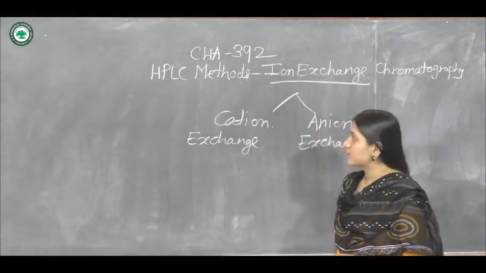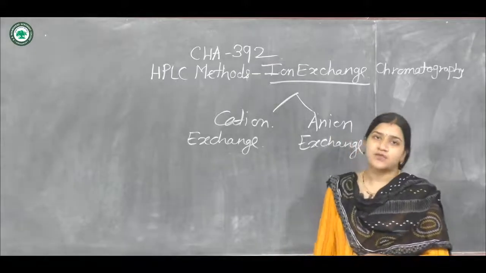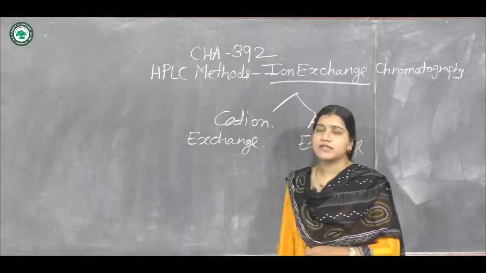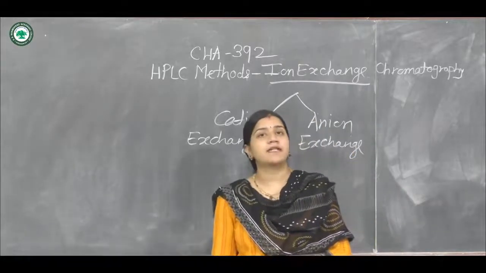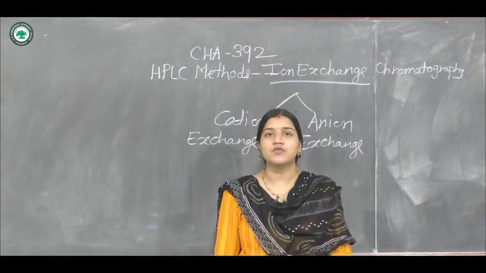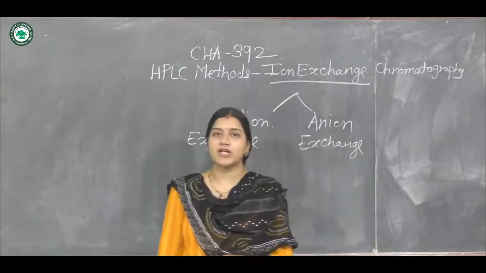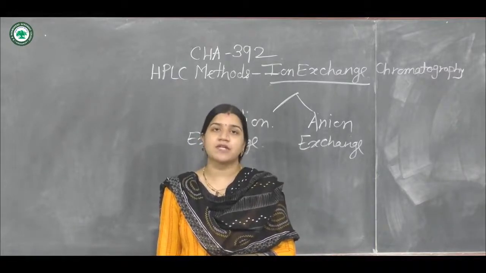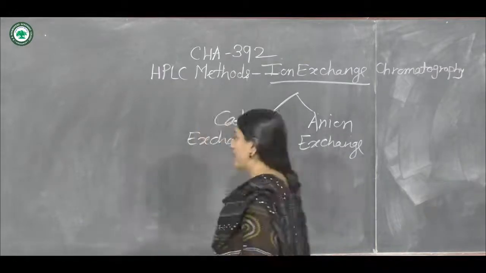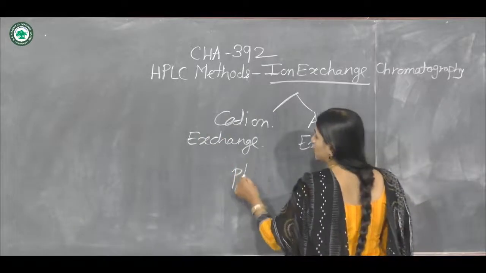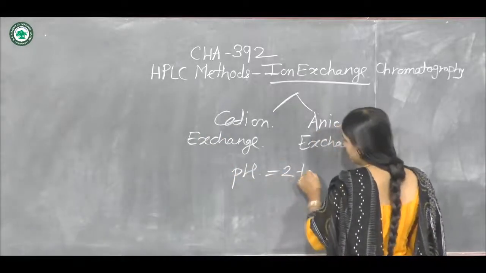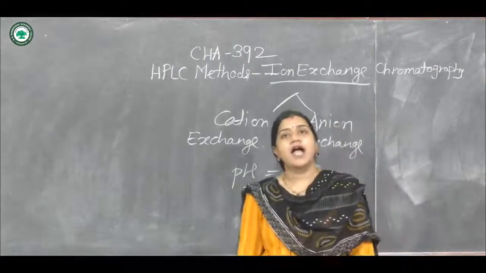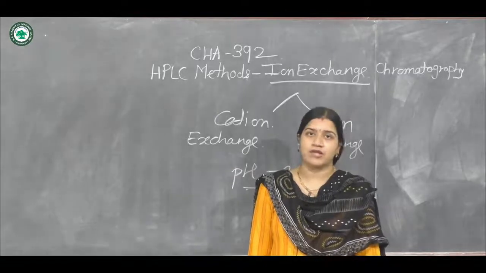These are the two types of columns used in the HPLC method. So what is the most necessary condition for this? The cation exchange column and the anion exchange column cannot be used for the analysis of very strong acids or very strong bases. The most suitable pH range for the analysis of such compounds is 2 to 8. So pH should be in the range of 2 to 8 for ion exchange chromatography.